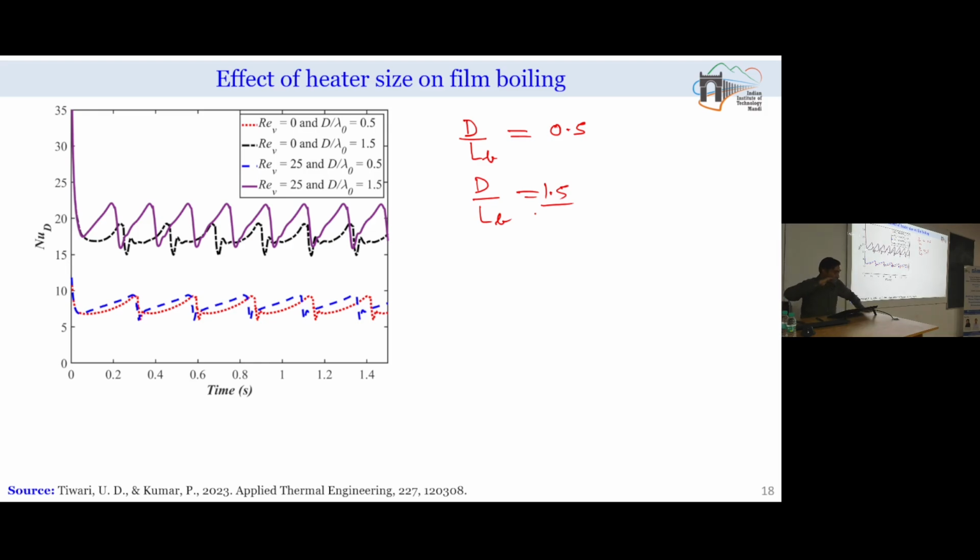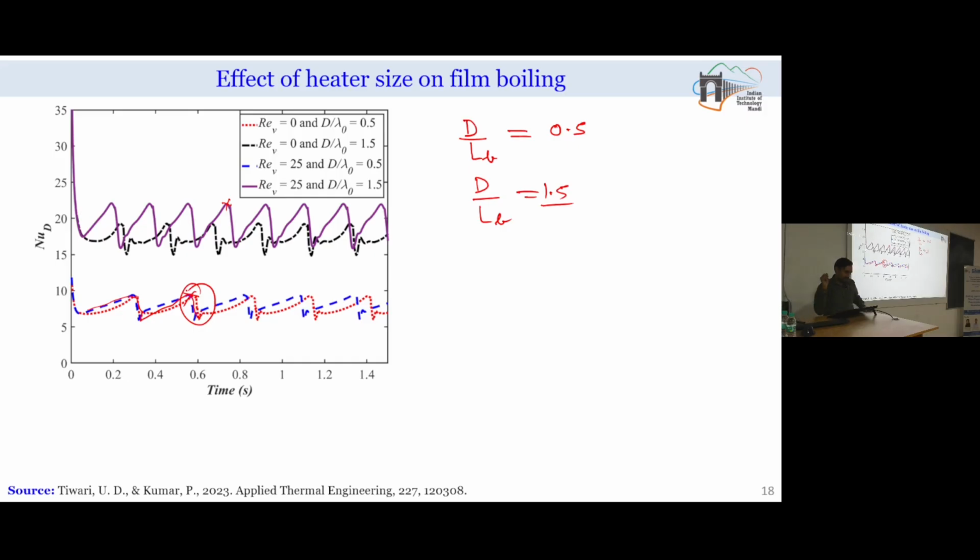If we take a larger diameter heater surface, the area available for heat transfer will be more, and we will have a higher value of heat transfer coefficient, whereas for smaller diameters the value of heat transfer coefficient is less. We do have cyclic behavior there also, but the minima and maxima in heat flux are less in comparison to the minima and maxima obtained for the larger cylindrical surface.